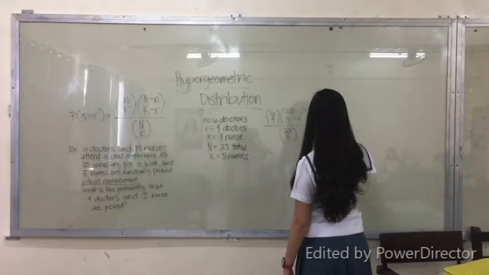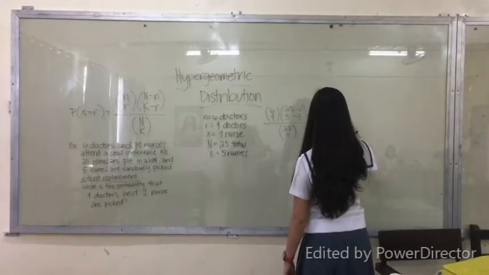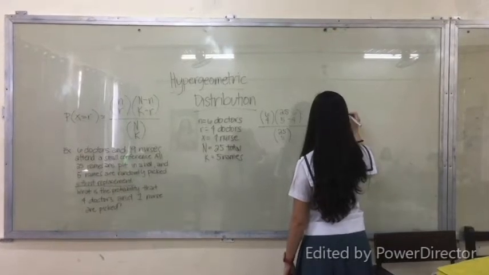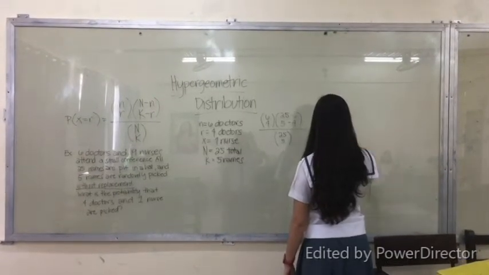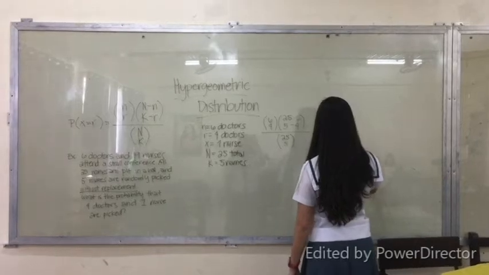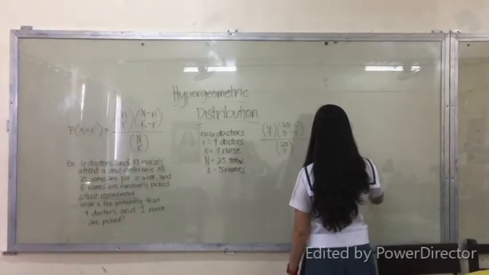So 6 choose 4, 19 choose 1, over 25 choose 5.